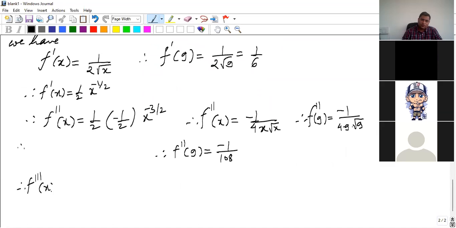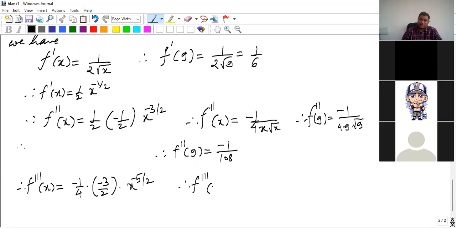So f triple dash of x is equal to this minus 1 by 4 is there already, then minus half and minus half, so minus 1 by 4. Now the derivative of this term. So is it minus 3 by 2 into x raised to minus 5 by 2? Okay.